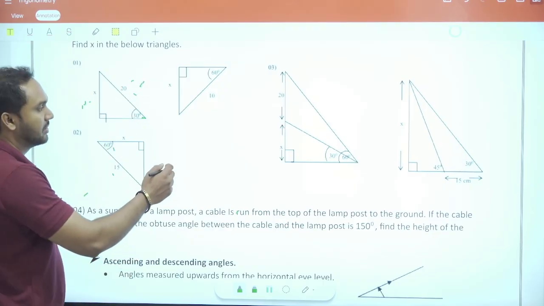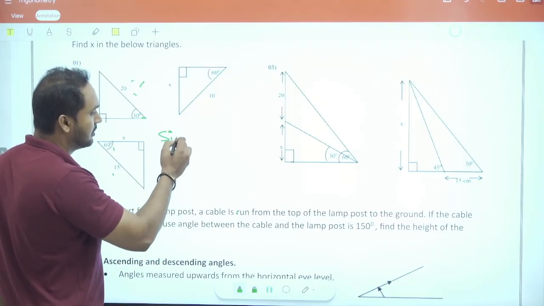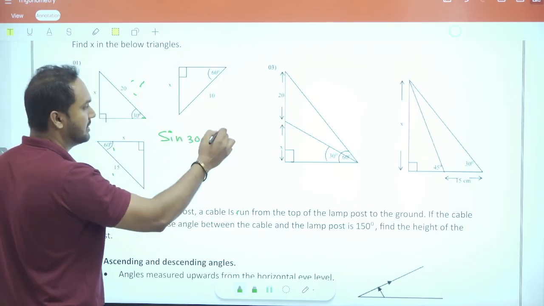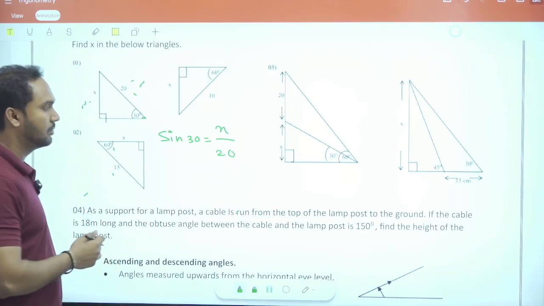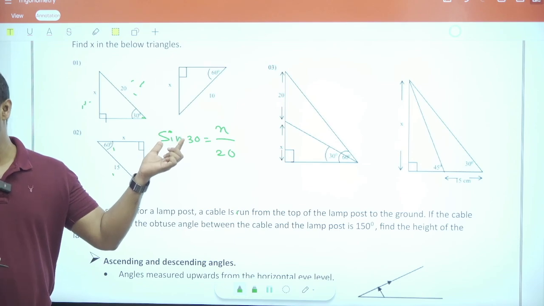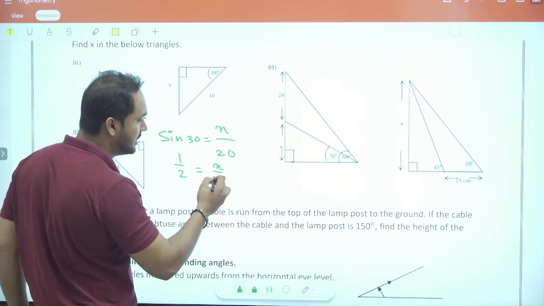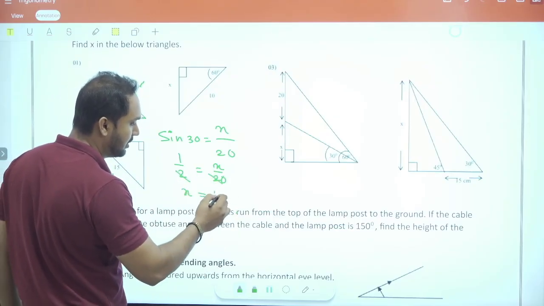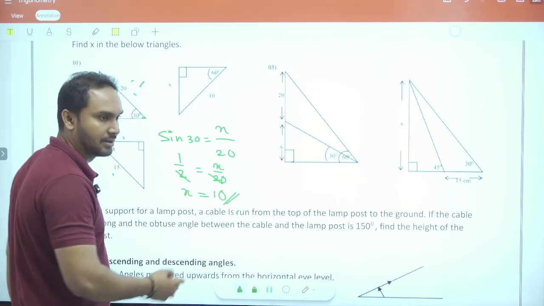Opposite over hypotenuse is sine. Sine 30 is equal to opposite, which is x, over the hypotenuse, which is 20. Now I have to know the sine 30 value that is there in the table. Sine 30 is half. Half equals x over 20. Now x is equal to 10. So congratulations on your first answer, 10, correct.